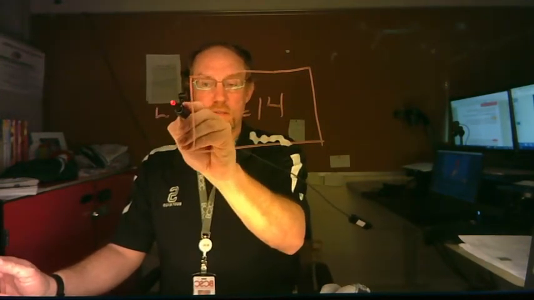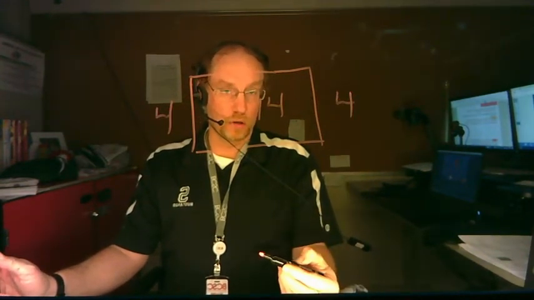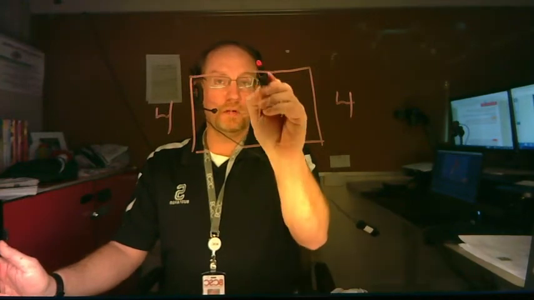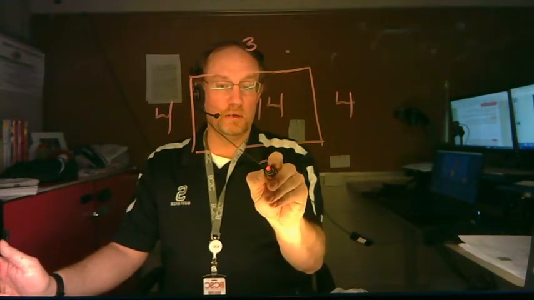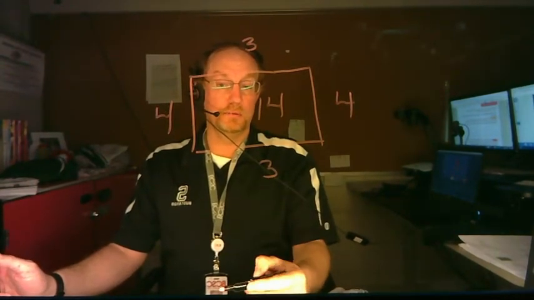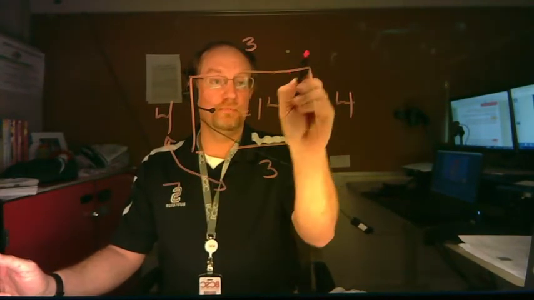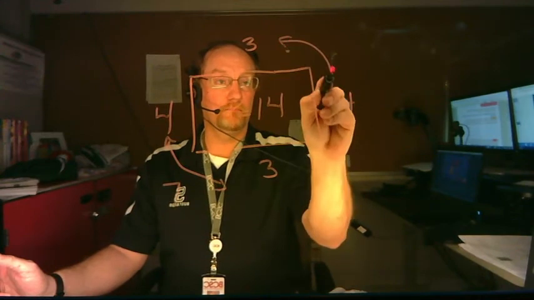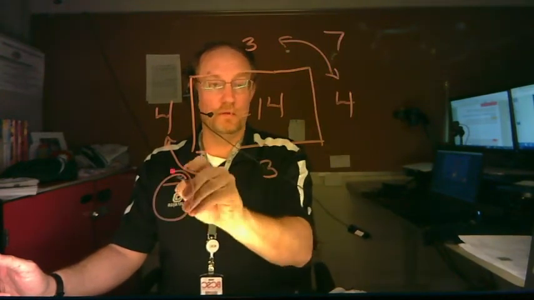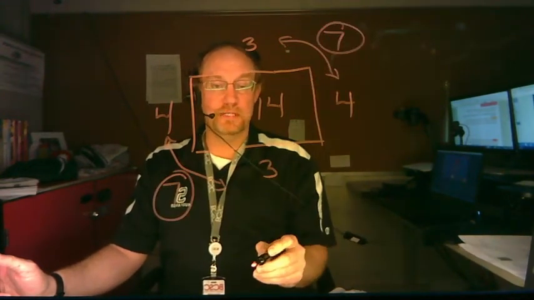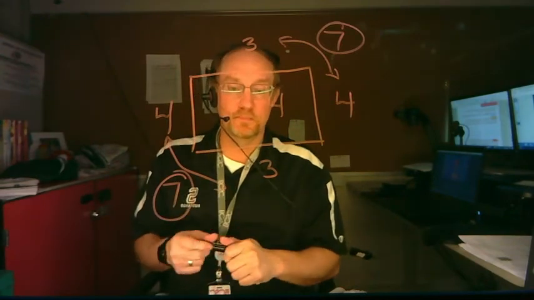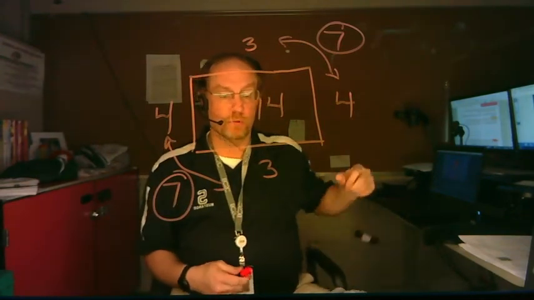One of the sides is equal to 4, which means the other side is going to be equal to 4. And then we calculated that these were going to be 3. So what do we have right here? 4 plus 3, that is 7. 3 plus 4, that is equal to 7. Add up our 7 and 7, and we get 14 for the perimeter.